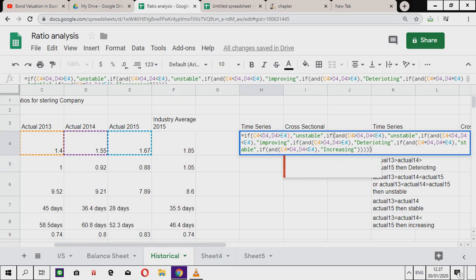I forgot to put the AND between IF and the open bracket. Oh, yeah.